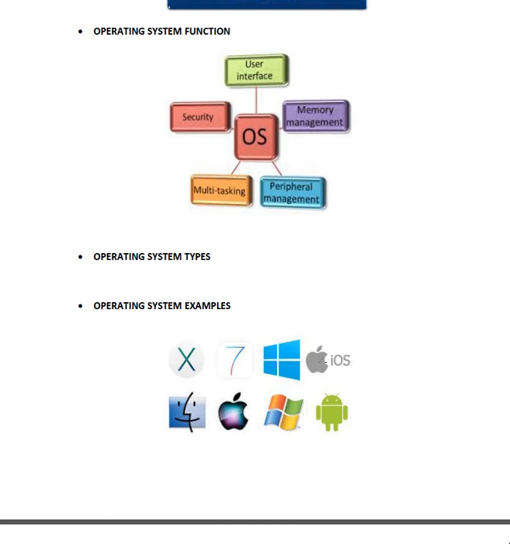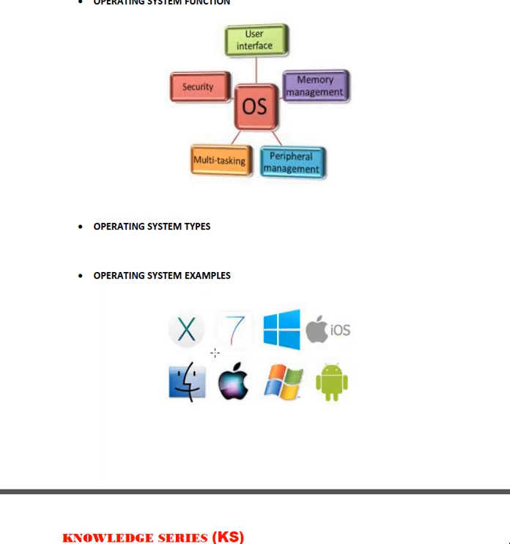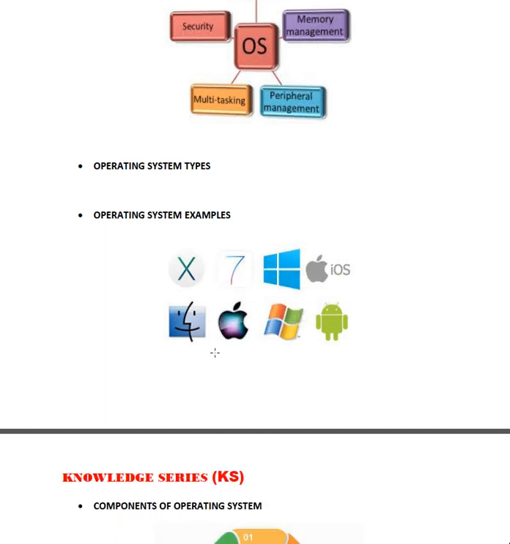So this is Android. Like that, there are several, iOS, the Apple phone operating system, and Symbian, the operating system for Nokia phones. Like this, there are several popular operating systems that we normally come across.